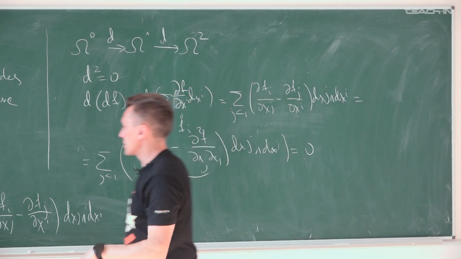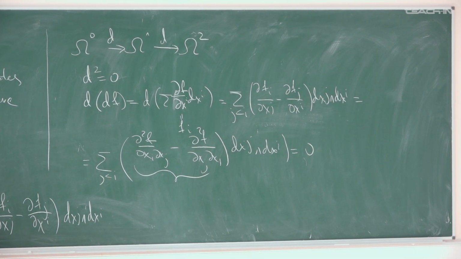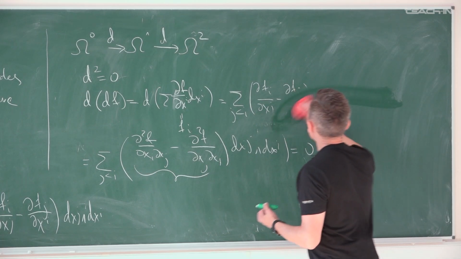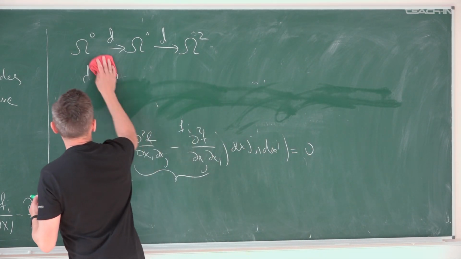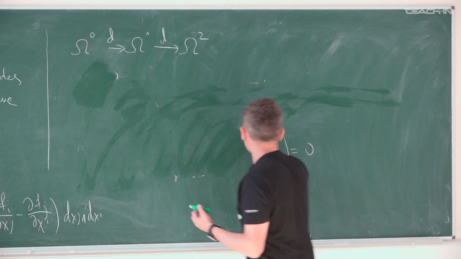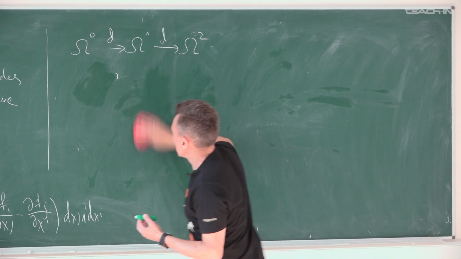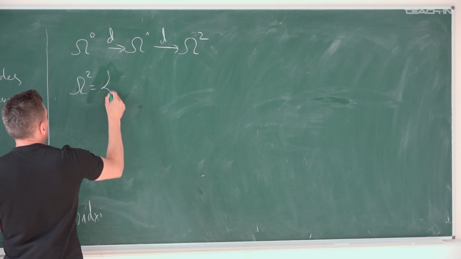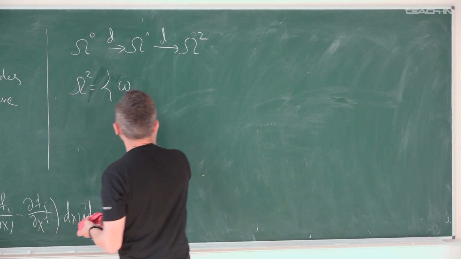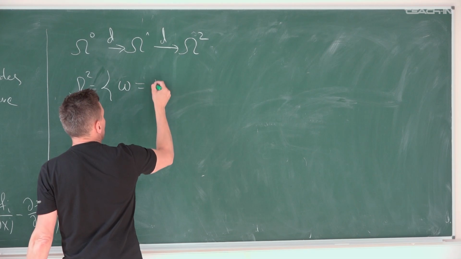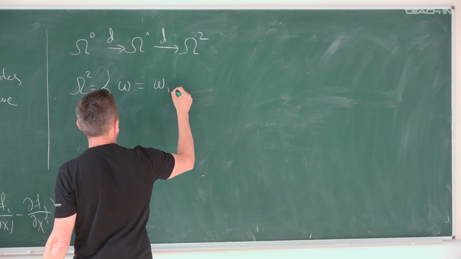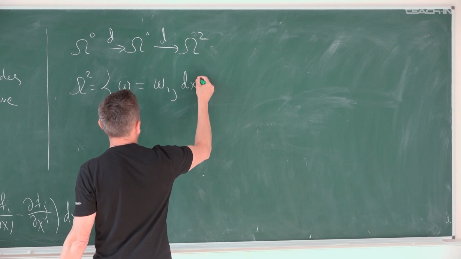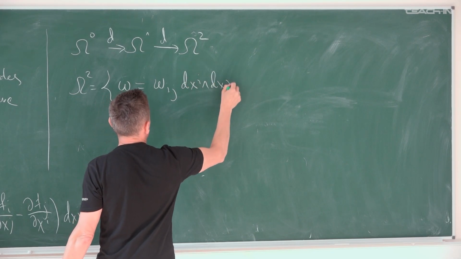But we need also the definition of two forms on our variety. Omega, which is the sum of omega ij dxi dxj.